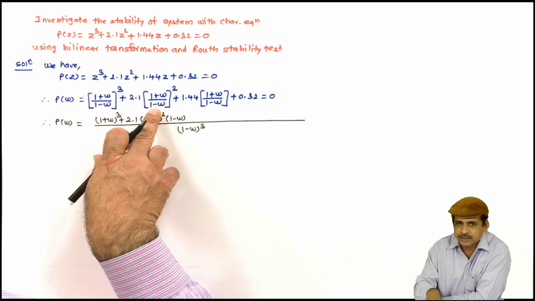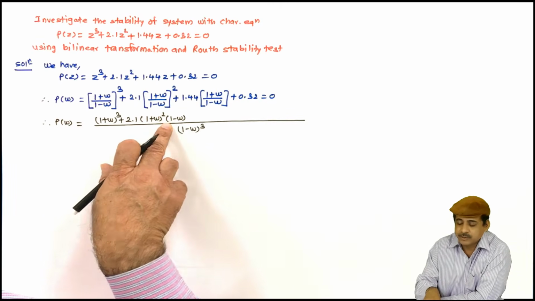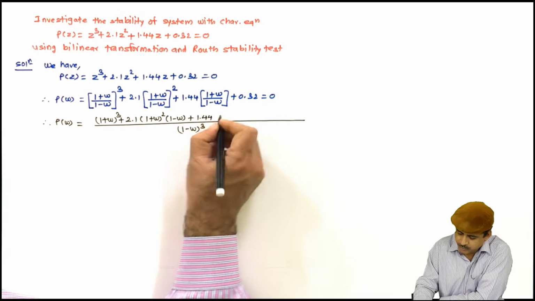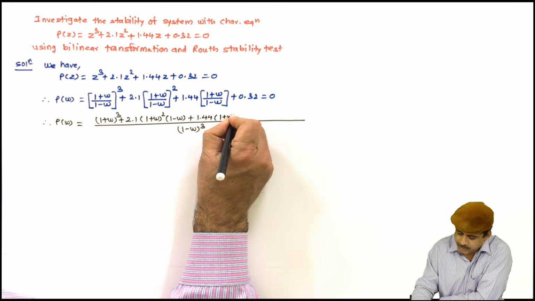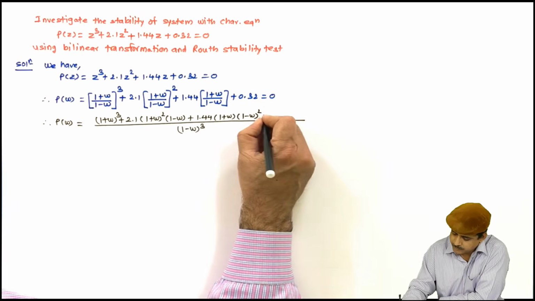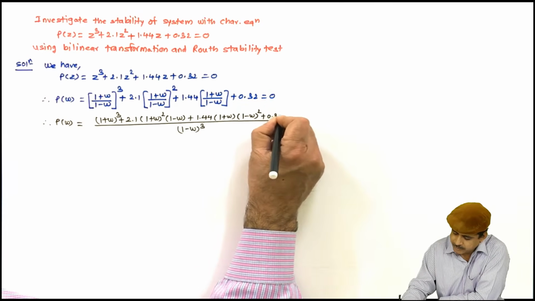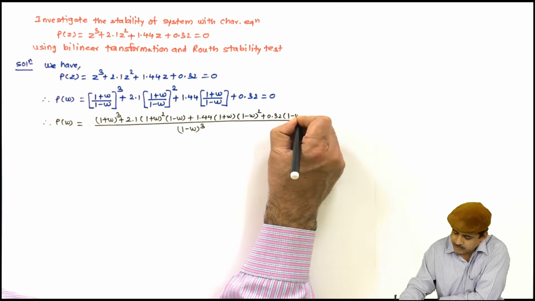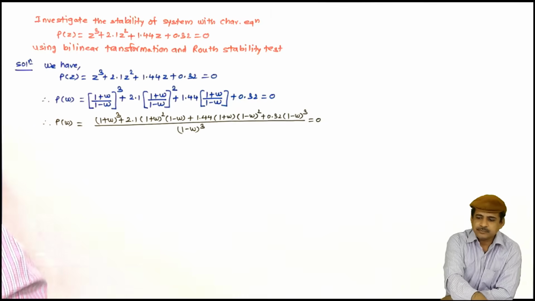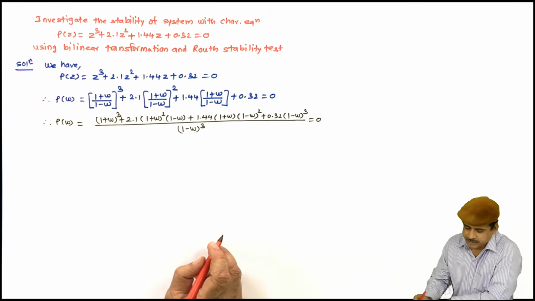Here the term was 1 minus W square. So additional 1 minus W will come here. Same way here, 1.44 into 1 plus W into 1 minus W whole square plus 0.32 into 1 minus W whole cube, and that will be equal to 0. So let us expand this.